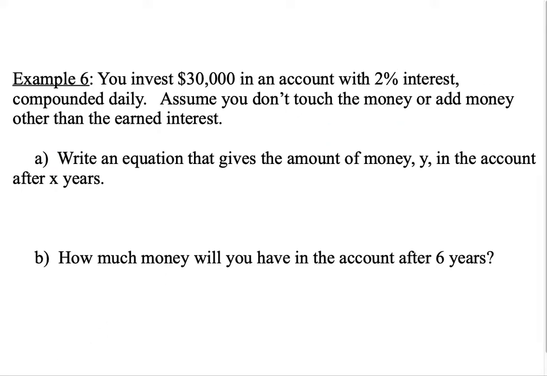So now we have another investment here. Write the equation out. P there is the initial investment, which is 30,000. The R value there is 2% written as a decimal.